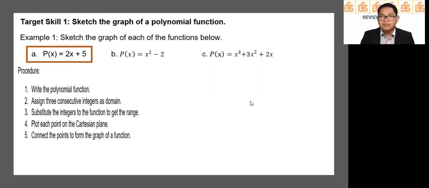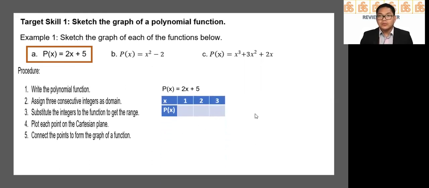Write the polynomial function. The polynomial function is 2x plus 5. Assign three consecutive integers as domain. And of course, to assign, I may use 1, 2, 3. I will not be using 1001, 1002, 1003, because it will be harder to sketch the graph.